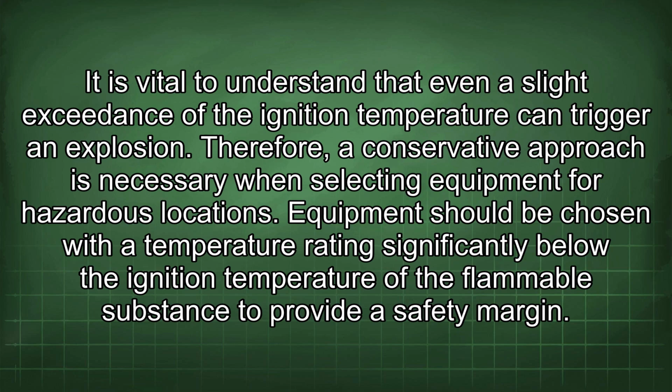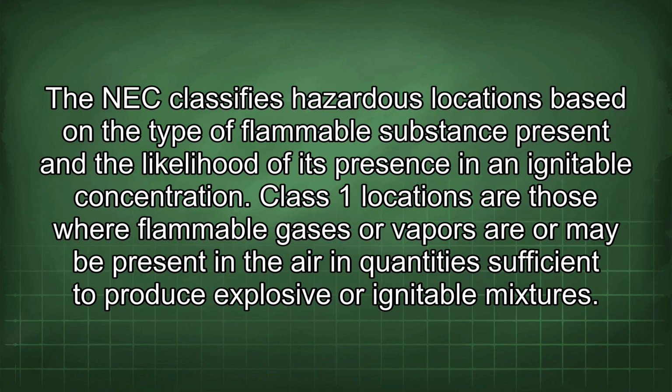The NEC classifies hazardous locations based on the type of flammable substance present and the likelihood of its presence in an ignitable concentration. Class 1 locations are those where flammable gases or vapors are or may be present in the air in quantities sufficient to produce explosive or ignitable mixtures.